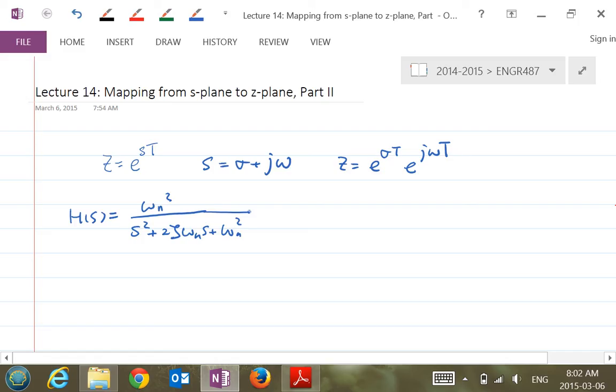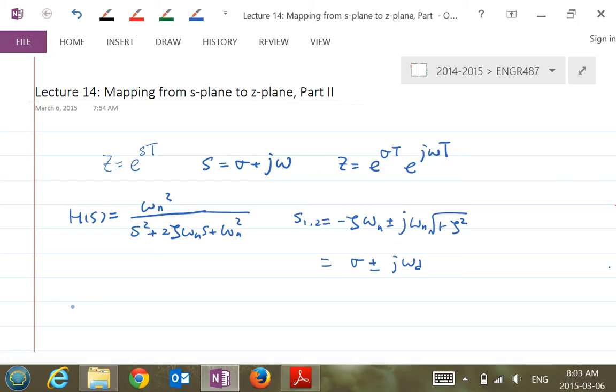It's this one, and the poles of the system are this, which we denote as sigma plus minus j omega d. We also have several specifications related to the second order system: settling time, rise time, time constant, and so on.